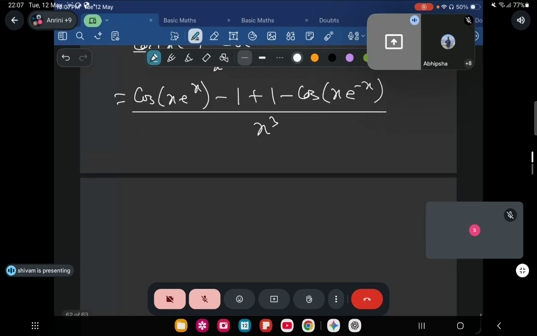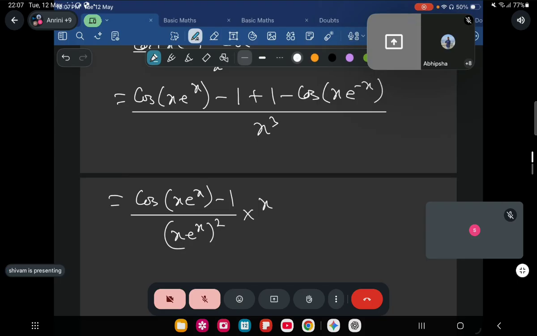Okay, let us start using it. This will become cos x e to the power x minus 1 by, okay, so in order to convert it into standard form, this has to be x e to the power x whole square multiplied by x e to the power x whole square.